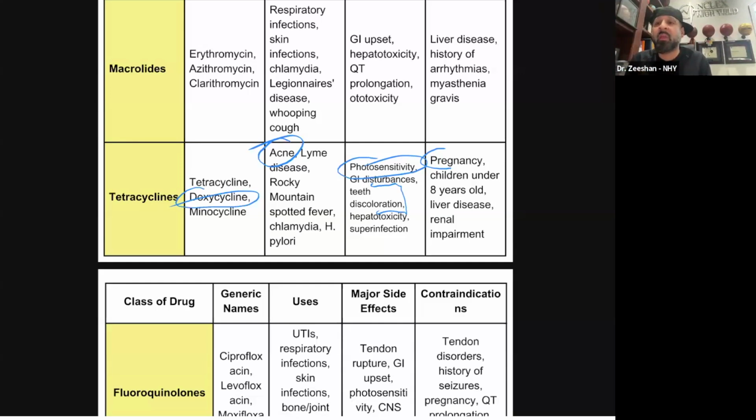So I'm going to educate them on photosensitivity, GI disturbances, teeth discoloration, pregnancy. Those are the ones that I'm going to look at the most. And that's the way I'm going to ask it. Or it's going to be a straight up freebie question. Patient, let's just say a 16-year-old patient. Oh, here's two questions.